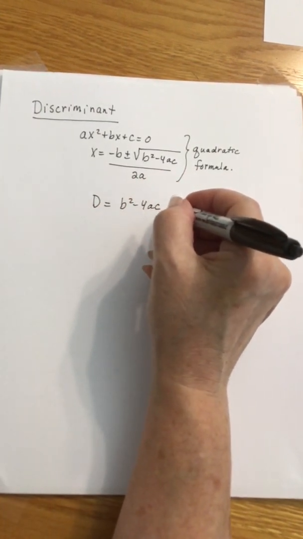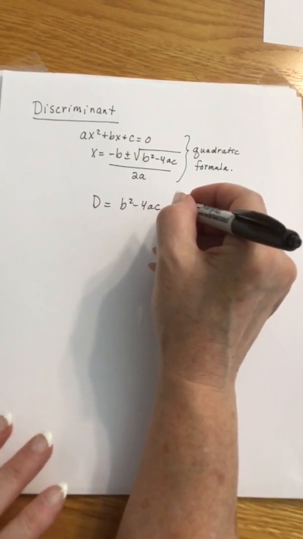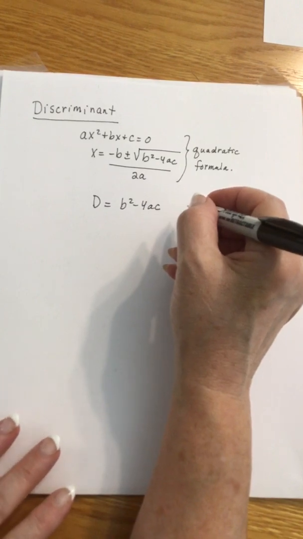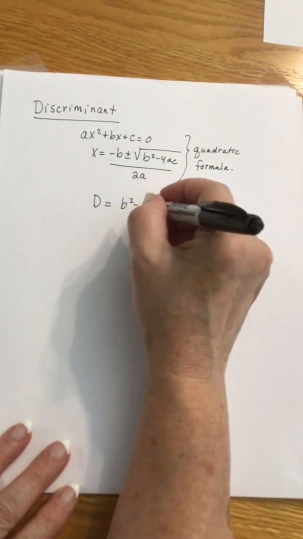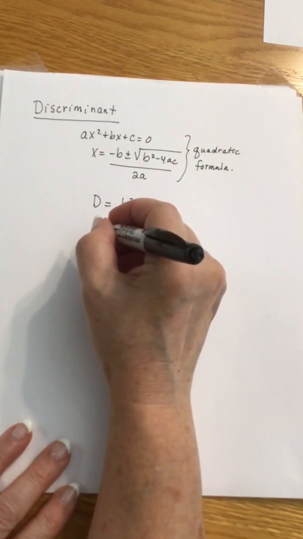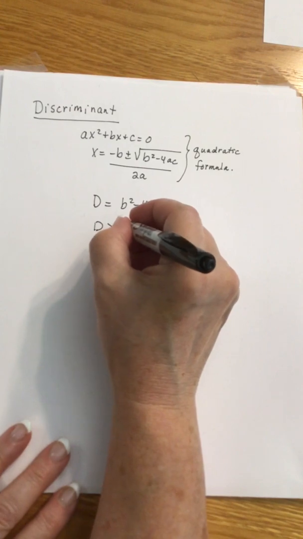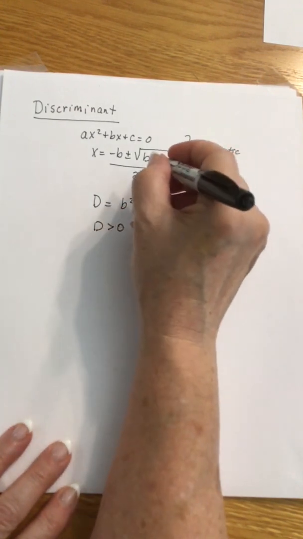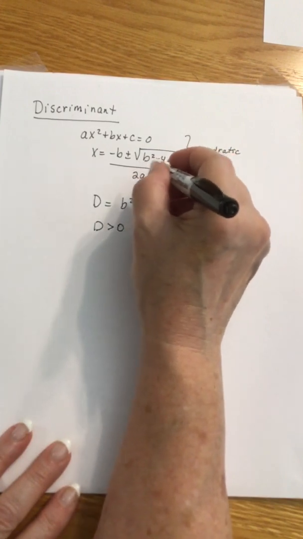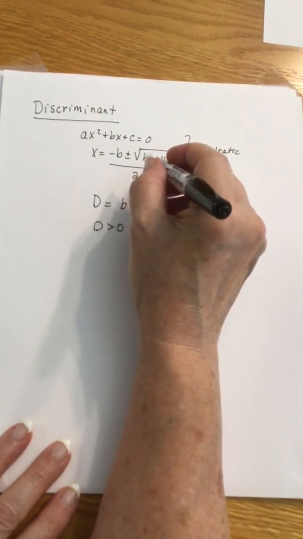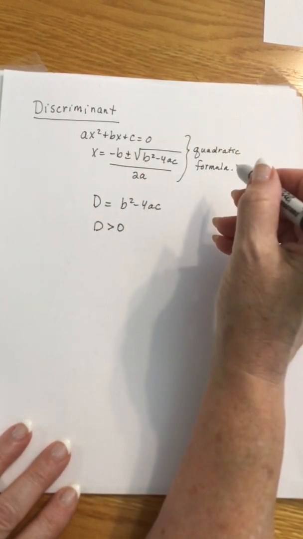So the b squared minus 4ac discriminant comes from the word discriminate, so to see differences. So this is going to tell us the differences. If I have d greater than 0, d meaning the discriminant, b squared minus 4ac, then I'm going to have a square root, plus 1 and a minus 1, like we did on the previous example.